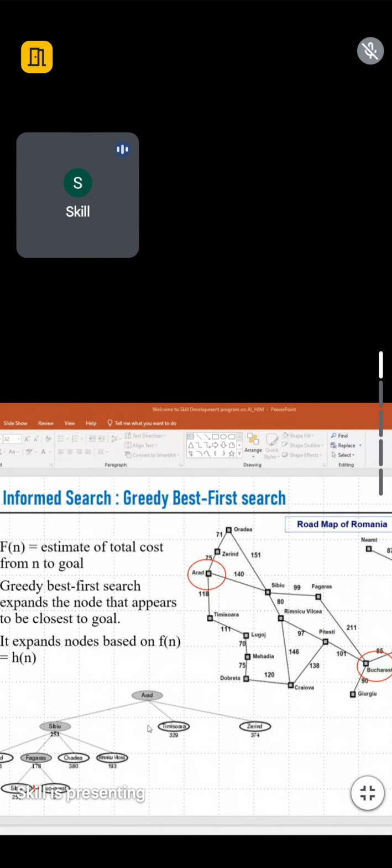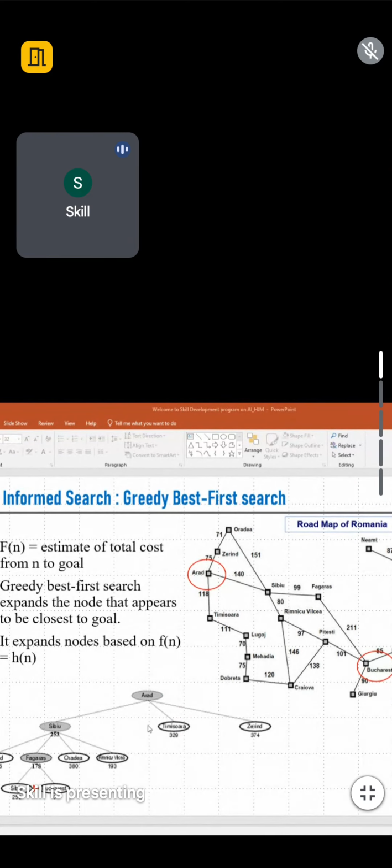178 is the least among all the four, so we will consider this, and again we will take the adjacent places to Fagaras. Fagaras's adjacent places are Sibiu and Bucharest. So only two places are there, Sibiu 253 and Bucharest 0. Now we will reach Bucharest. So in this way we will reach our goal node.